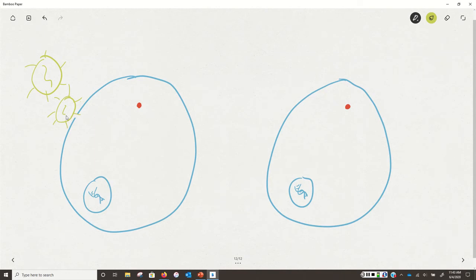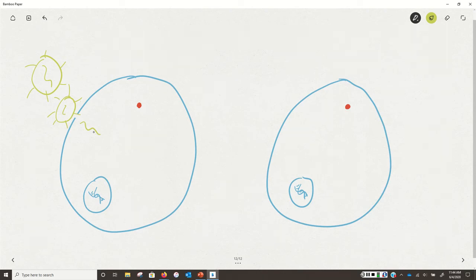Now, when the virus attaches, what it does is it will inject that genetic material. For purposes of this, we're going to say this is RNA. Now, if it was DNA, everything that we're going to draw would still happen. There would just be some extra steps that we don't need to worry about. So we're just going to say that this is an RNA virus.